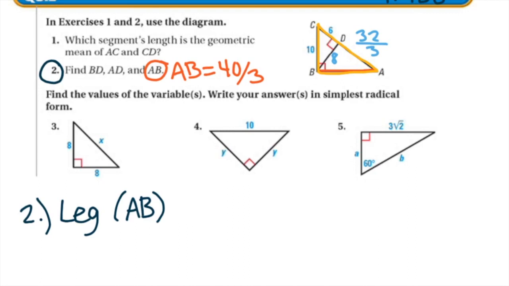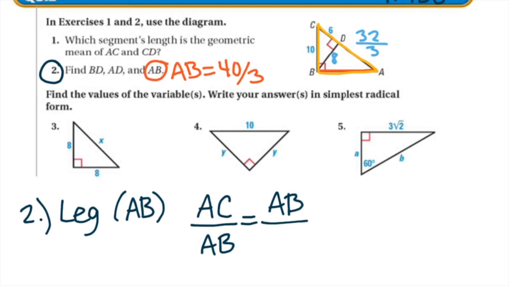Okay, so in doing this, we have the length of the entire hypotenuse of the large triangle, AC. We're going to compare that to what we're looking for, which is AB, and set that equal to AB over the length of that smaller leg, AD. Now, I warn you, this is going to get a little bit messy looking with this fraction, 32 over 3, but we can make it happen.